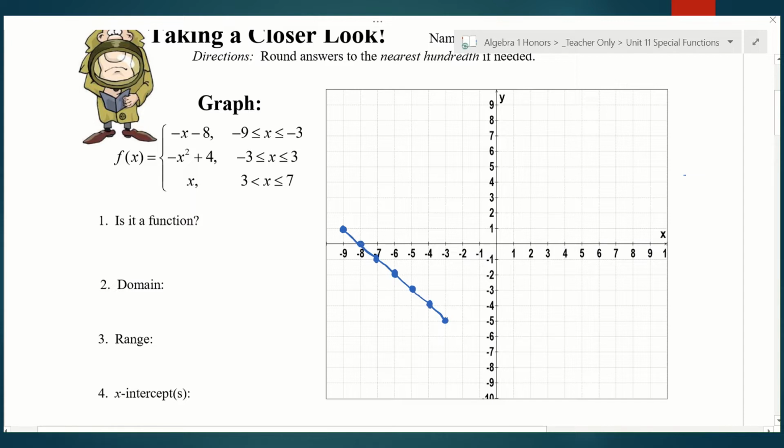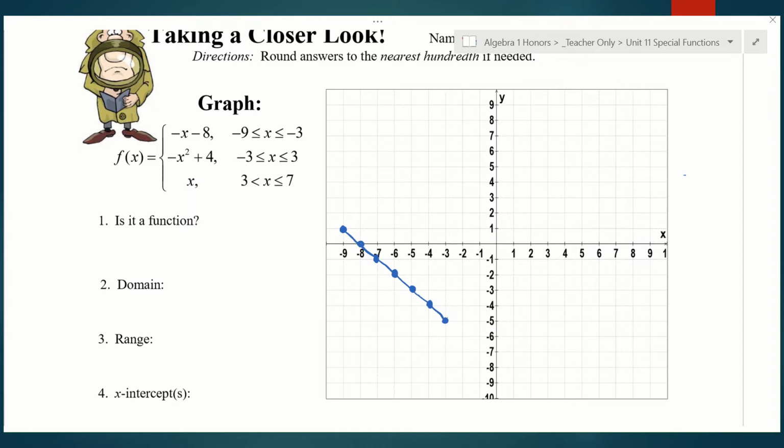Okay, so the second piece of our piecewise function is our parabola. I want you guys to go and type that into your graph. You can erase the line that you have in there, or you can start a new graph page. But let's get that parabola typed in, and let's pull up the table. So negative x squared plus 4 is what we want to graph.